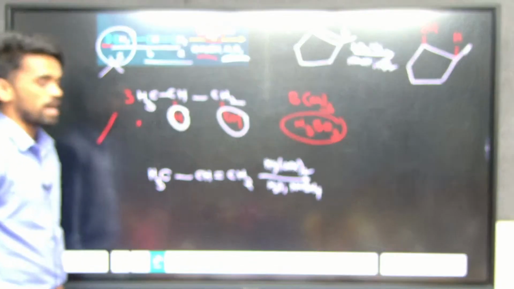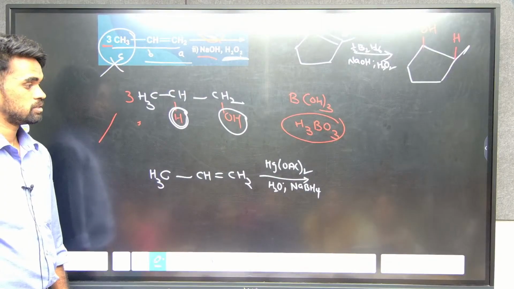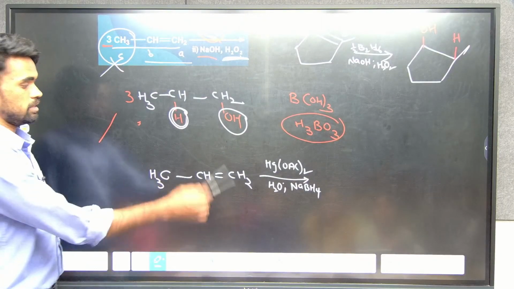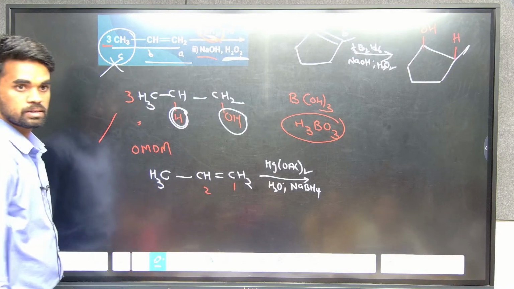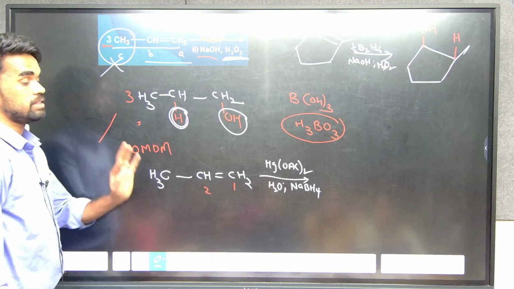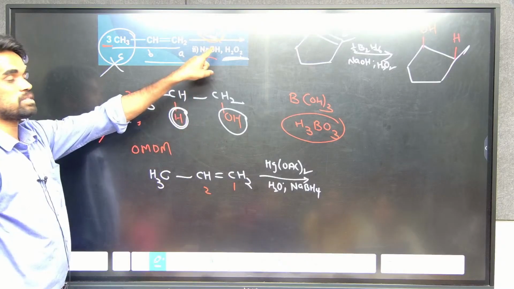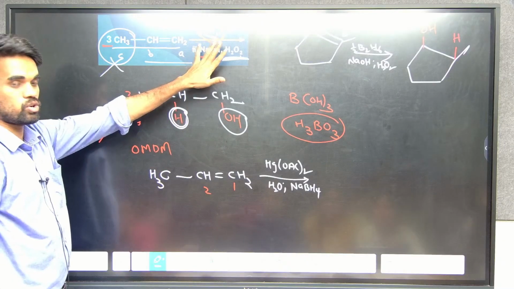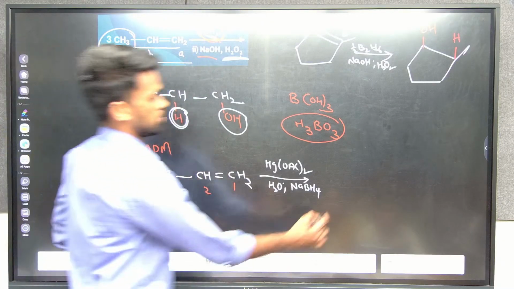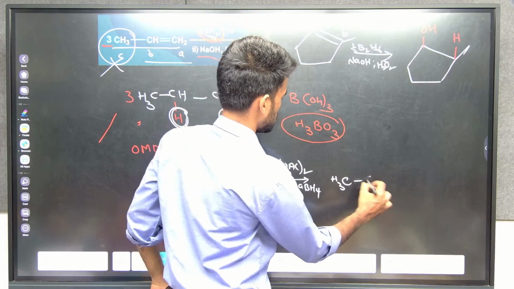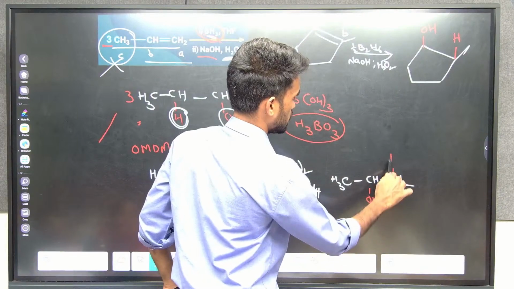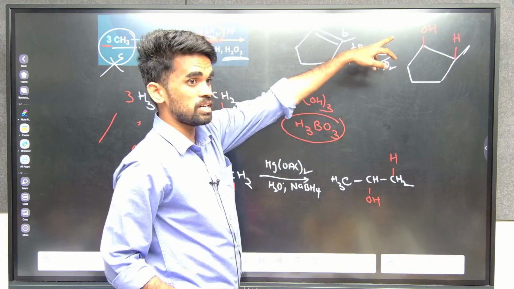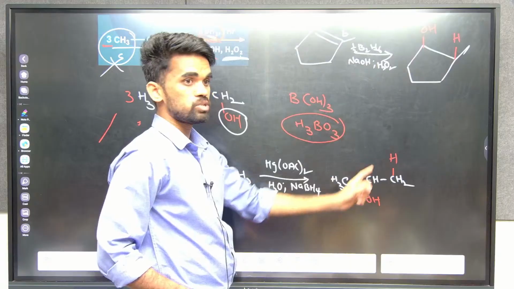Tell me, where should I add H and OH? This is called OM-DM. That is the reverse of this. Here it is anti-Markovnikov, here it is Markovnikov. So CH3, CH, CH2, OH here, H here. Here I told you syn addition, cis addition, same side. This is opposite side addition.